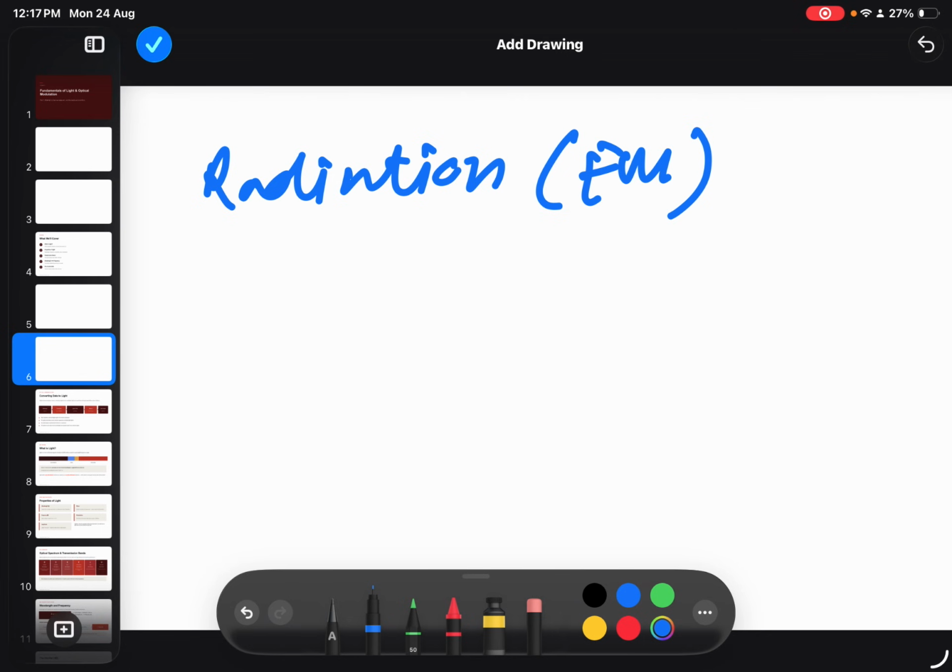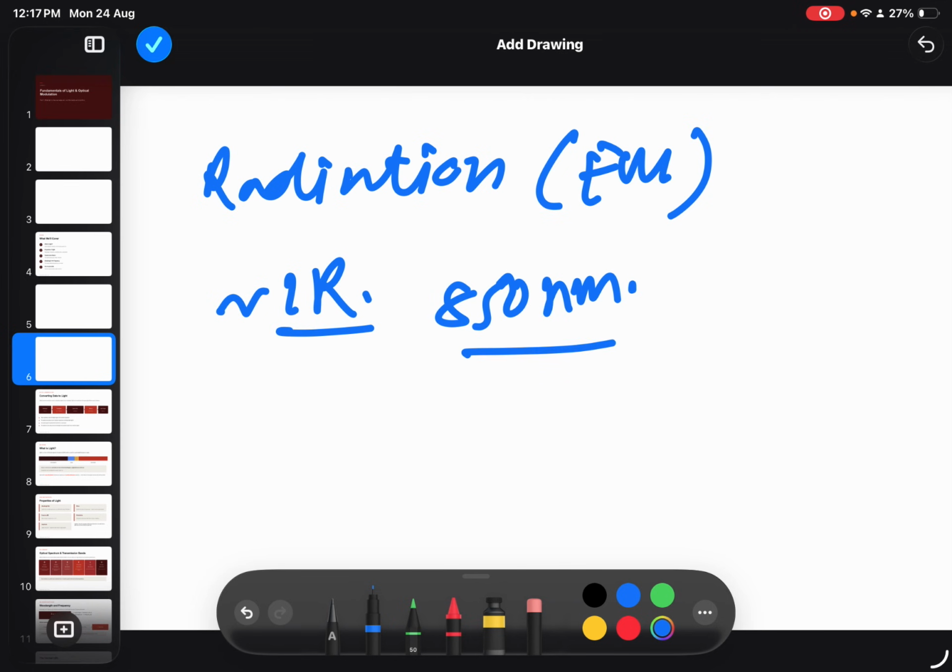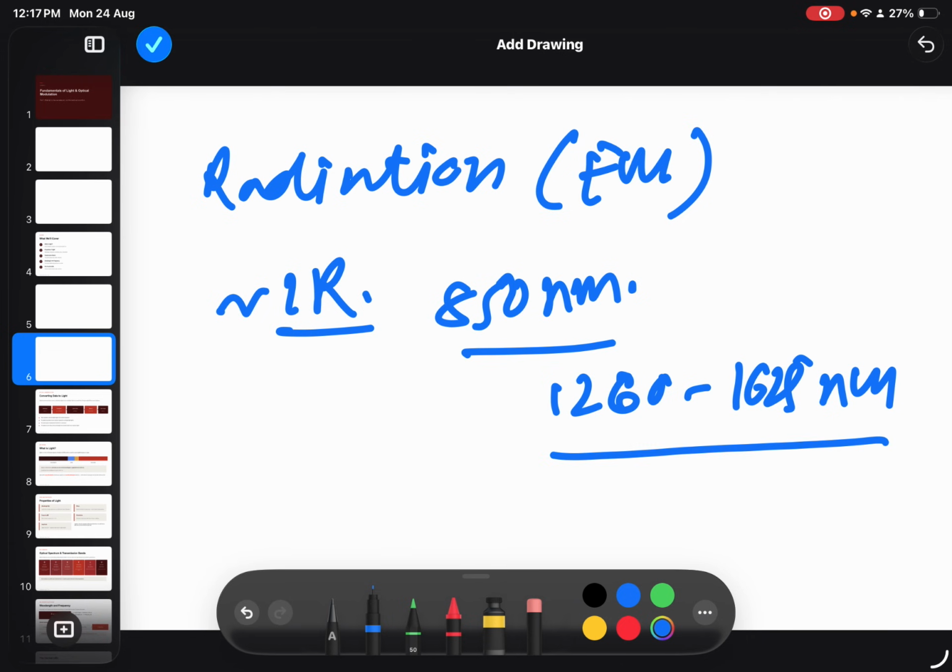So in optical communication, the near IR range of the spectrum is predominantly used. That is around 850 nanometer that I said earlier, and around 1260 nanometers till 1625 nanometers. Later I will discuss the different types of spectrum that are used for fiber communications.